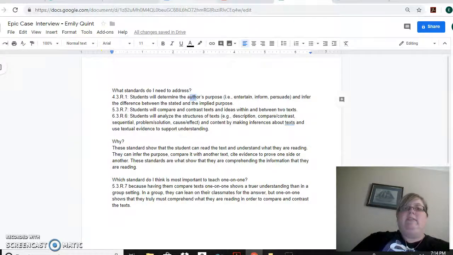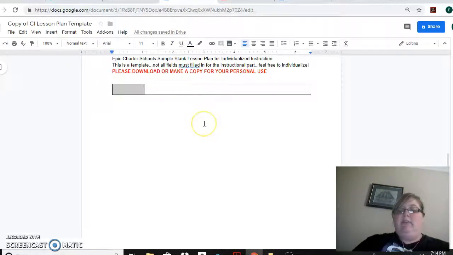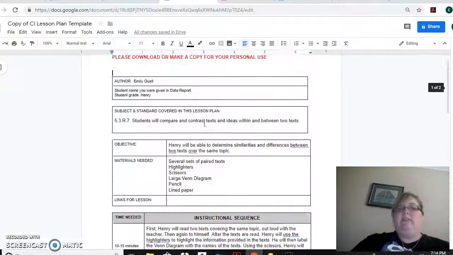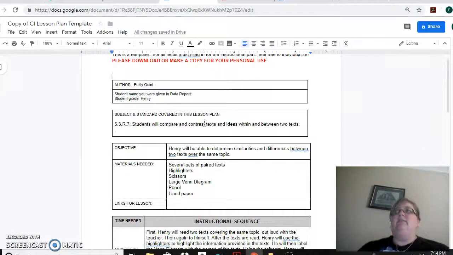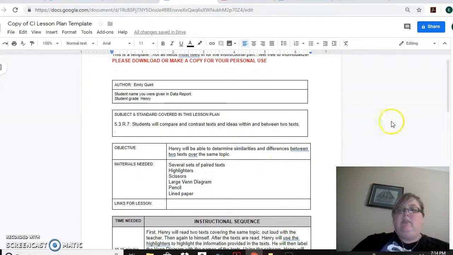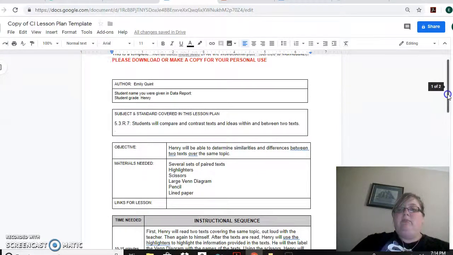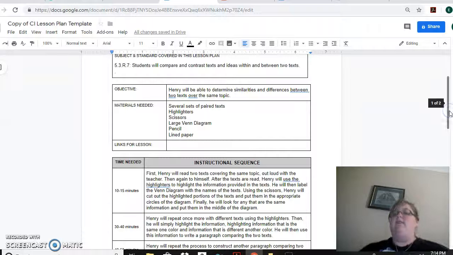So our first lesson, I would really like to, first of all, focus on comparing and contrasting texts that are similar. What we would do with our first lesson is I would have several sets of paired texts.